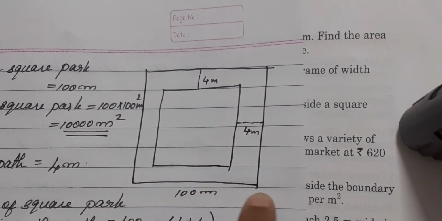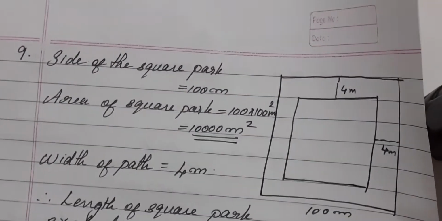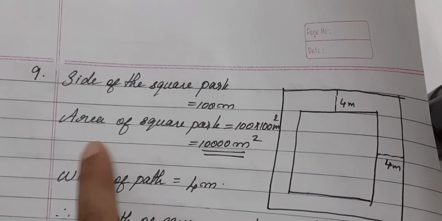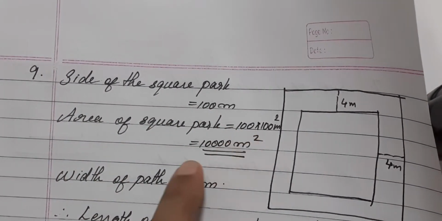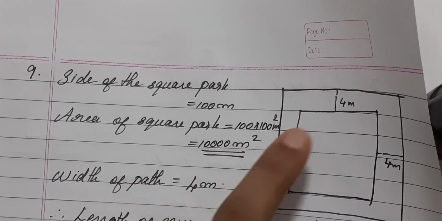Now one side is given as 100 meters, so we are able to calculate the area of that square park. Side of the square park is 100 meter, so area of the square park is 100 into 100 meter square, so 10,000 meter square. Width of the path is given as 4 meter.